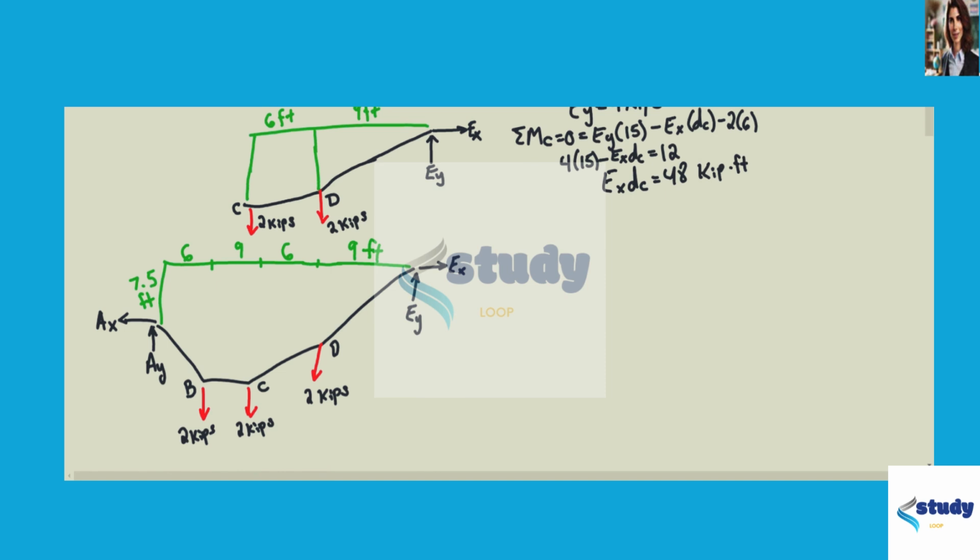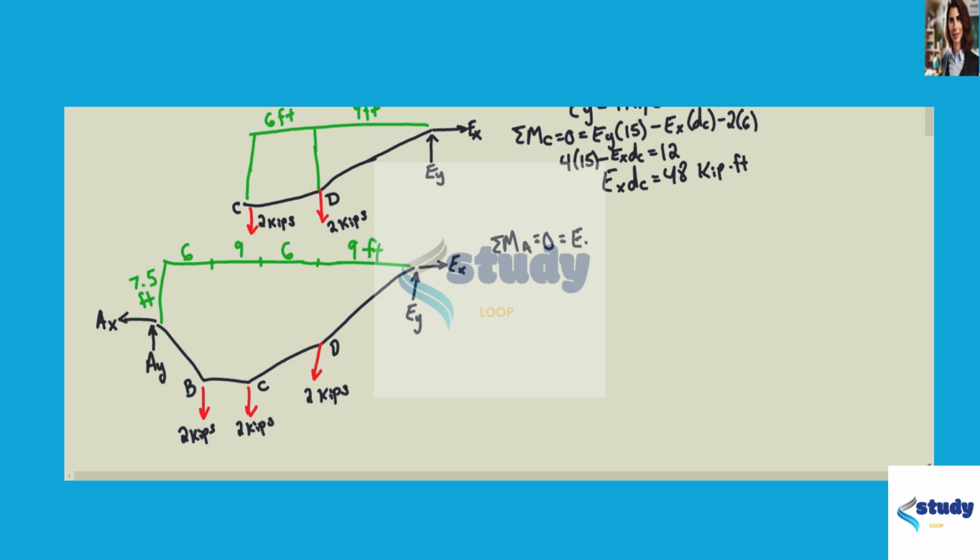Moving on, we go back to the free body diagram from A to E, and the B to C segment is horizontal now. We're going to do the moment about A set equal to 0.